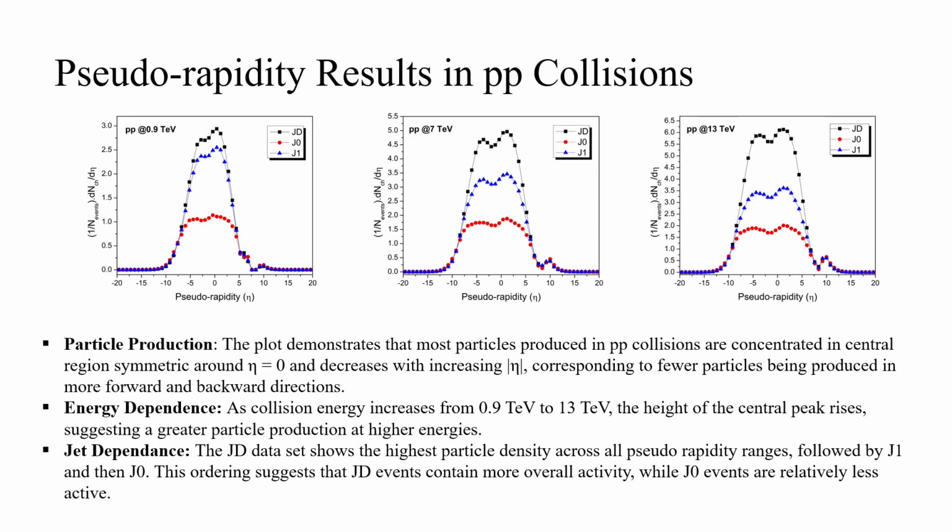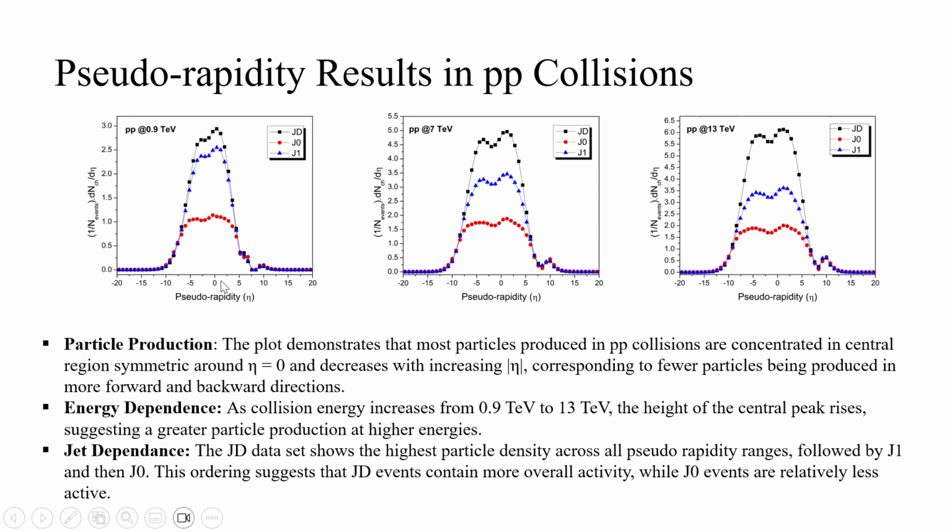Because we are concerned with the pseudo-rapidity results in proton-proton collision, the first implication is that the pseudo-rapidity distribution can be used to validate the theoretical model of particle production, particularly at the central region, because the distribution is approximately symmetric at eta equals 0.